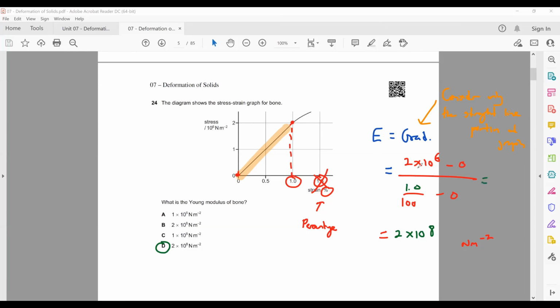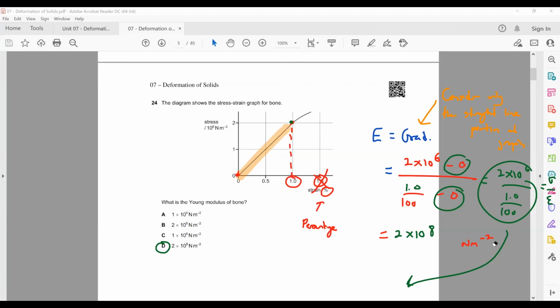Now this one here, because it's 1 minus 0, it's actually 2 times 10 power 6 divided by 1.0 divided by 100. It's actually just the same as me taking from a point. Okay, wait, now let me just explain a little for this.